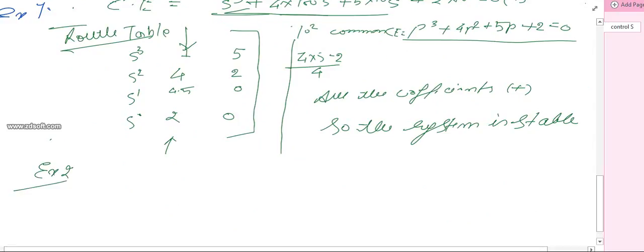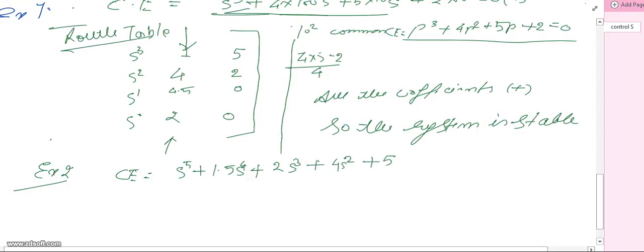Example 2. Now in this case the characteristic equation is given by s to the power 5 plus 1.5 s4 plus 2s cube plus 4s square plus 5s plus 10 is equal to 0.